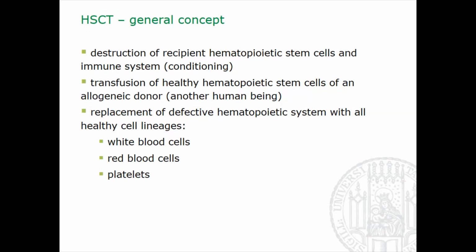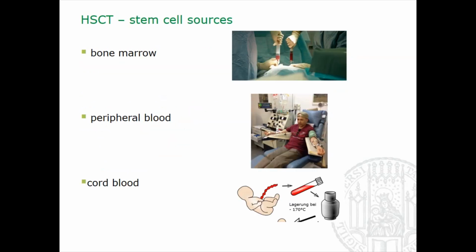Then you transfuse hematopoietic stem cells of a healthy allogeneic donor, meaning another human being. And by this, you replace the defective stem cells and the complete hematopoietic system with all healthy cell lineages in an optimal scenario. So all the white blood cells, all the red blood cells, all the platelets, and the entire immune system would be of donor origin and be healthy by definition.